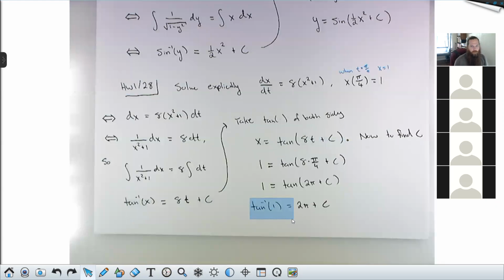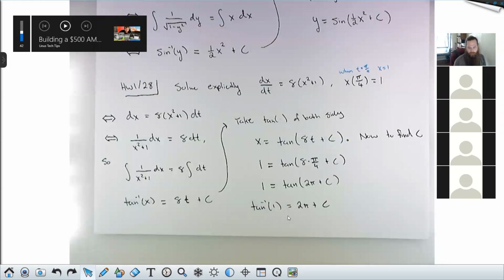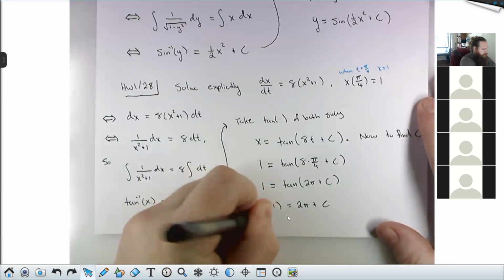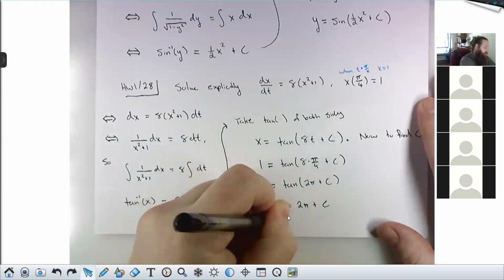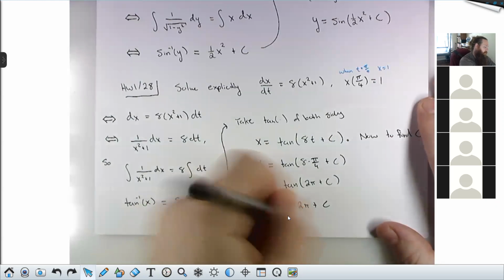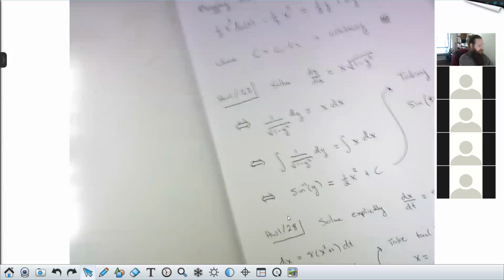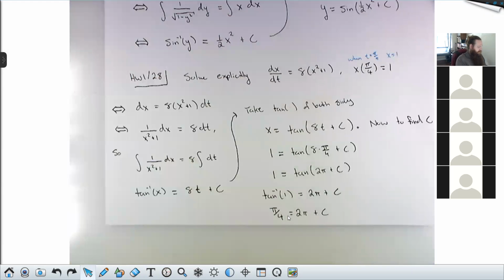What's the inverse tangent of 1? Pi over 4. Very good. So we get pi over 4 is equal to 2 pi plus c. I don't want to crowd the page too badly here, so I'll go ahead and move to another page.